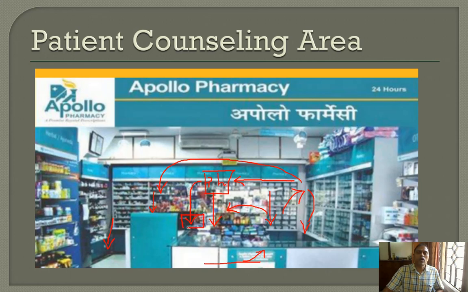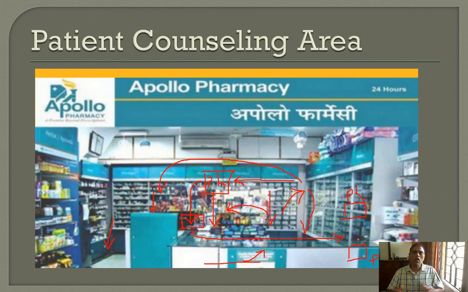Here the counseling scenario occurs. Now, if the patient has got any question, the pharmacist has to go to a corner and call the patient over here, right? And the pharmacist and the patient are supposed to discuss the medication, the disease, or the diet over here.